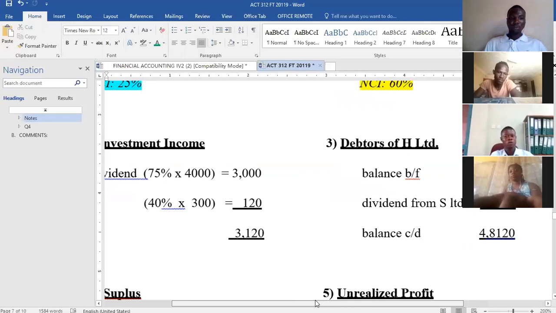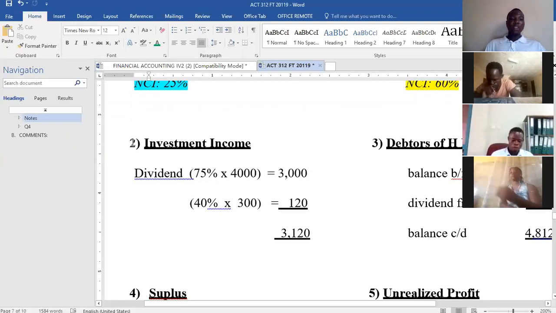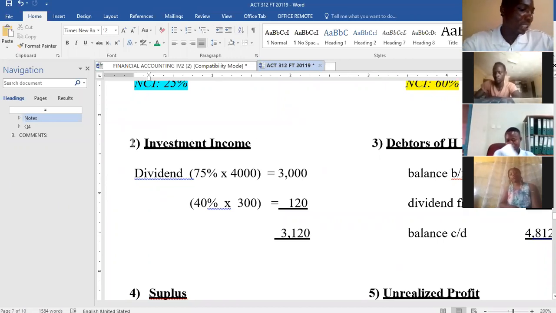My workings 2 here is telling you how you are going to treat your dividend. The statement is that no entries have been made in the books of H Limited in respect of S Limited's proposed dividend. So the proposed dividend of 4,300 has not been recorded in H Limited's account yet.